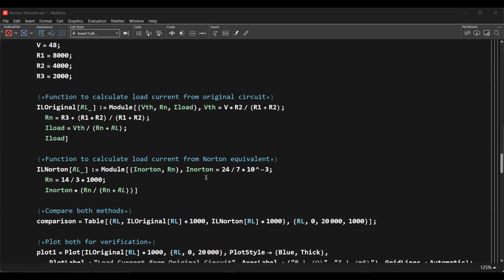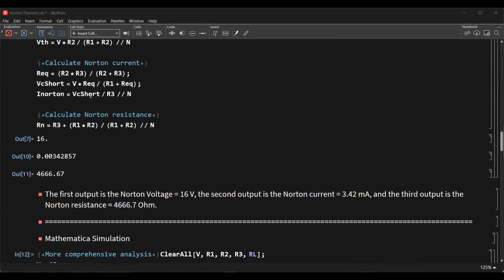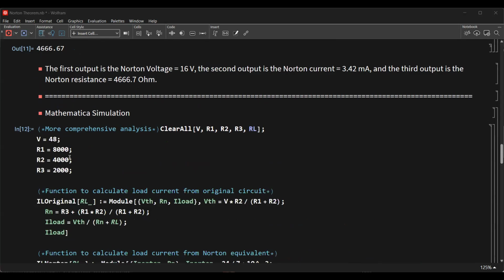Okay, so this is the function to calculate the load current from the Norton equivalent. We have the module here with the Norton current and the Norton resistance. The Norton current is 24 over 7 times 10 to the negative 3, so we have calculated the Norton current here, 0.0034287.